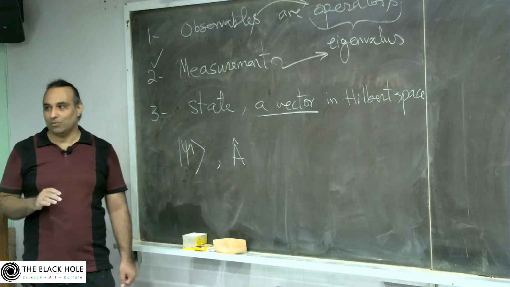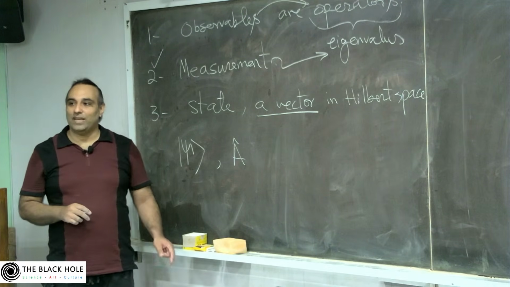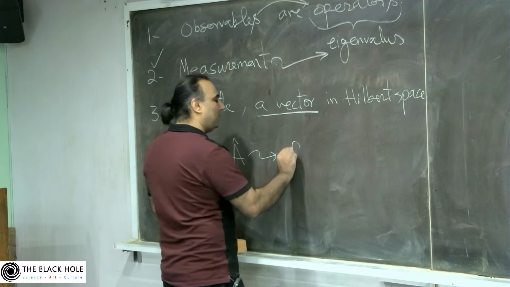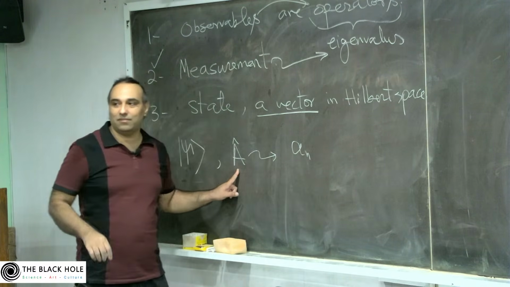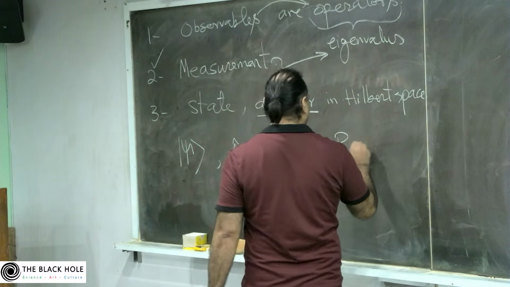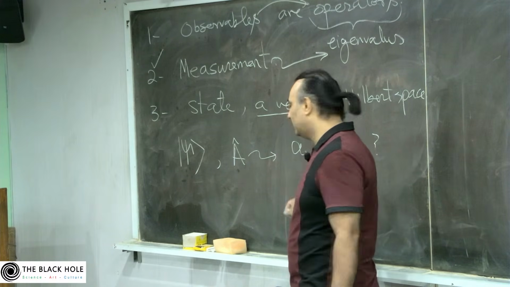That's what's needed to compute those probabilities. Whenever we perform a measurement, we are going to obtain some eigenvalue a_n, but what are the probabilities for those n? That's the question. So n can be 1 to N.